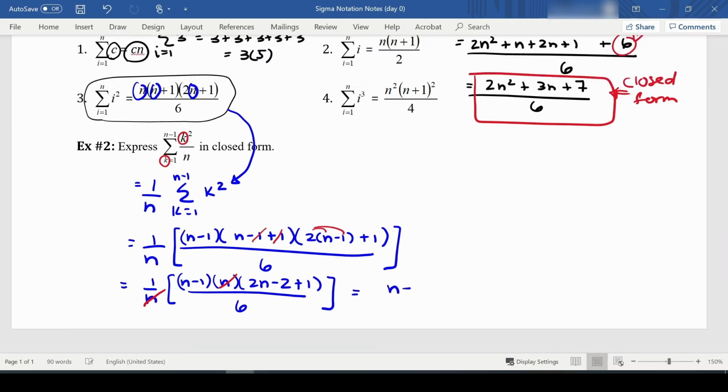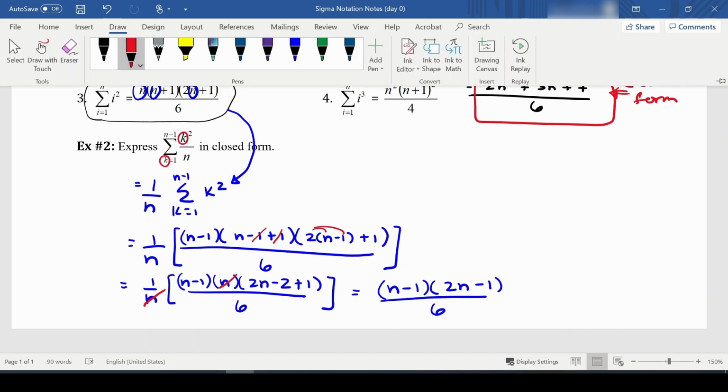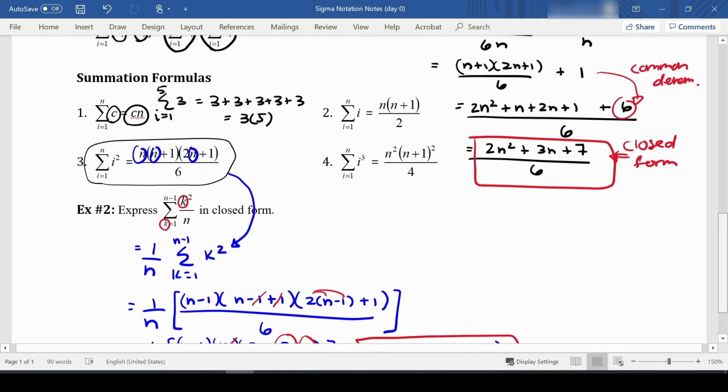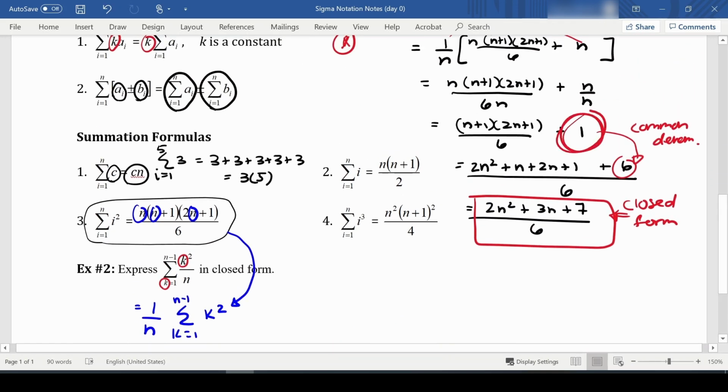And then we're going to end up with n minus 1 on the top times 2n minus 1 all over 6. The 2n minus 1 comes from simplifying this. That's it. That's closed form. We do not need to expand. We are done. The only reason we expanded on the previous one is because of this one here that we wanted to combine together to be one giant fraction.